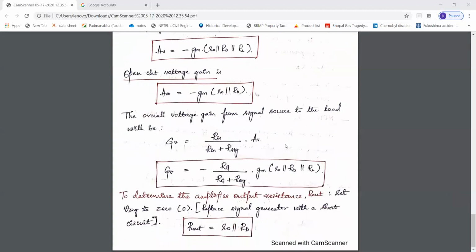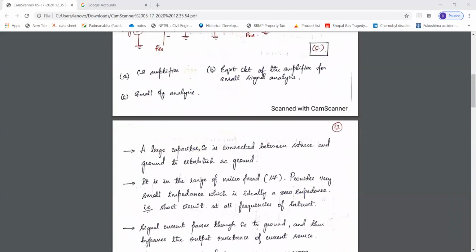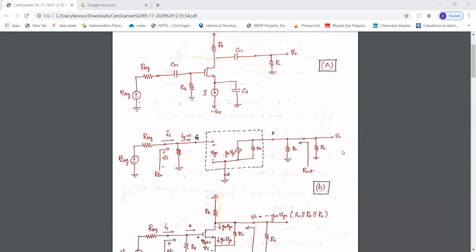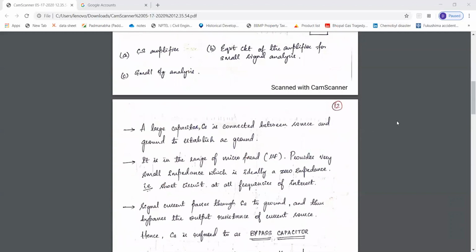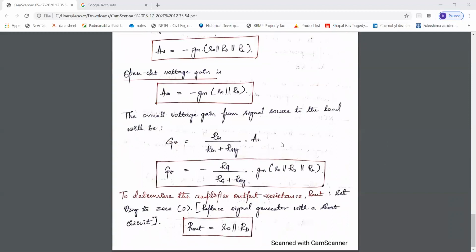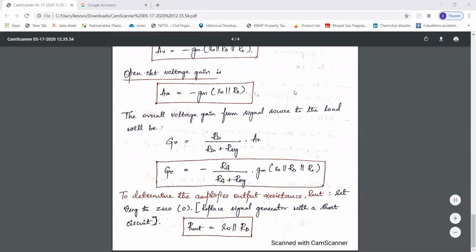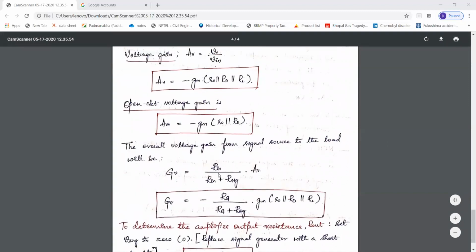And now the overall circuit voltage gain, meaning overall from the signal source to the load, that is given by Rin divided by Rin plus Rsig into Av, this Av. Okay, so Rin is equal to Rg, isn't it? So we'll substitute Rg for Rin and we'll get this equation, and I'll substitute the value of Av. So Gm into the parallel combination of these three resistances, and this minus symbol is written over here.